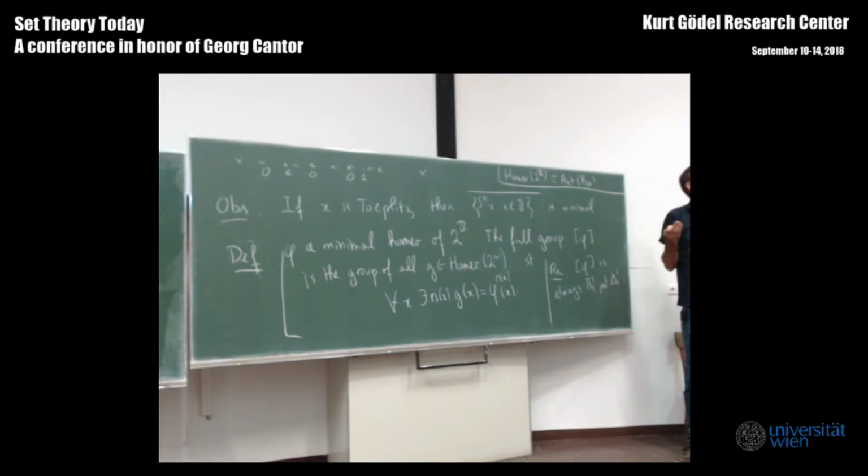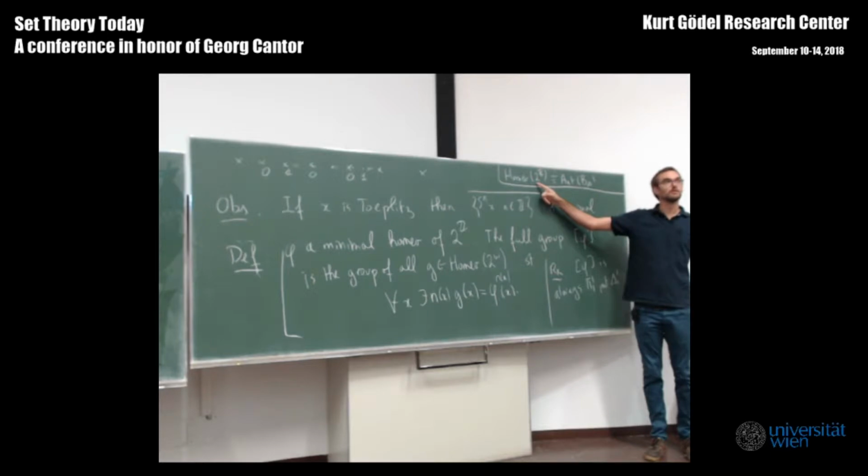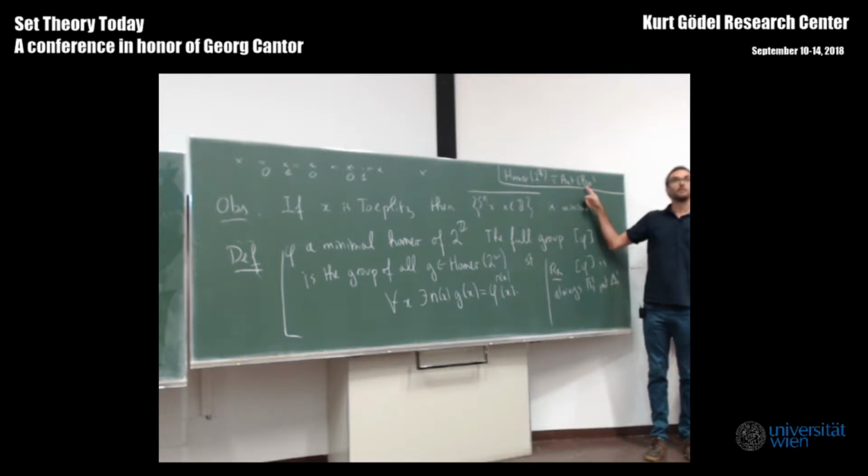This is the algebra of clopen sets, right? And there is a unique Polish topology here, which is the one that comes from the permutation group topology. Meaning, two homeomorphisms are close if and only if they behave in the same way on a finite clopen partition.